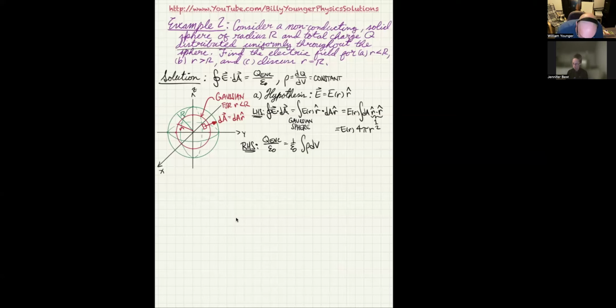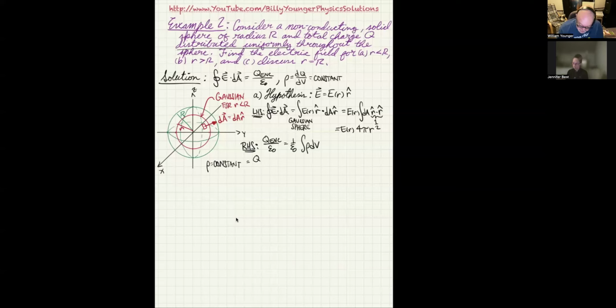What you can also realize is rho equals a constant. And remember, rho is dq over dV. If we actually chose to integrate that or think about it, that would mean it's literally the total charge divided by the total volume. So we could say Q is the total charge of the whole sphere, not the Gaussian sphere. I'm talking about the non-conducting sphere.